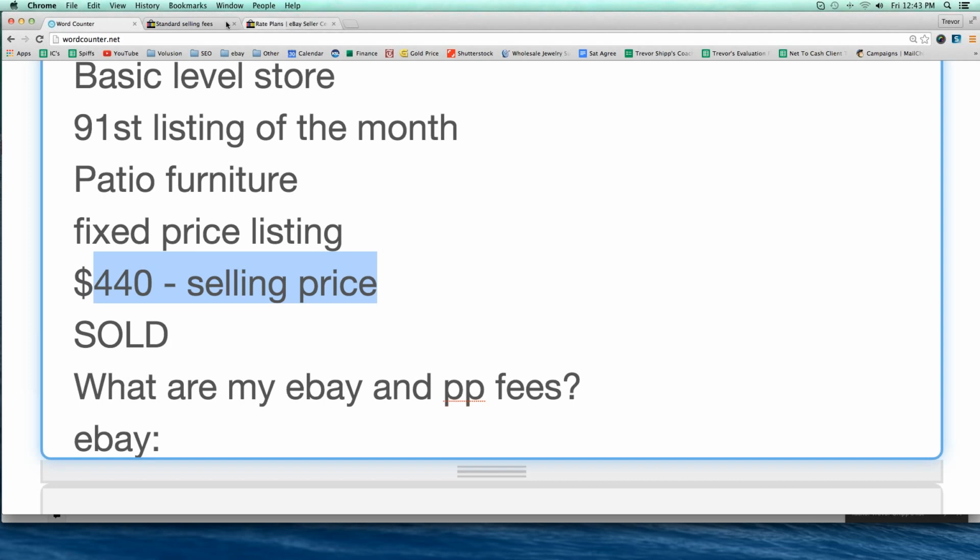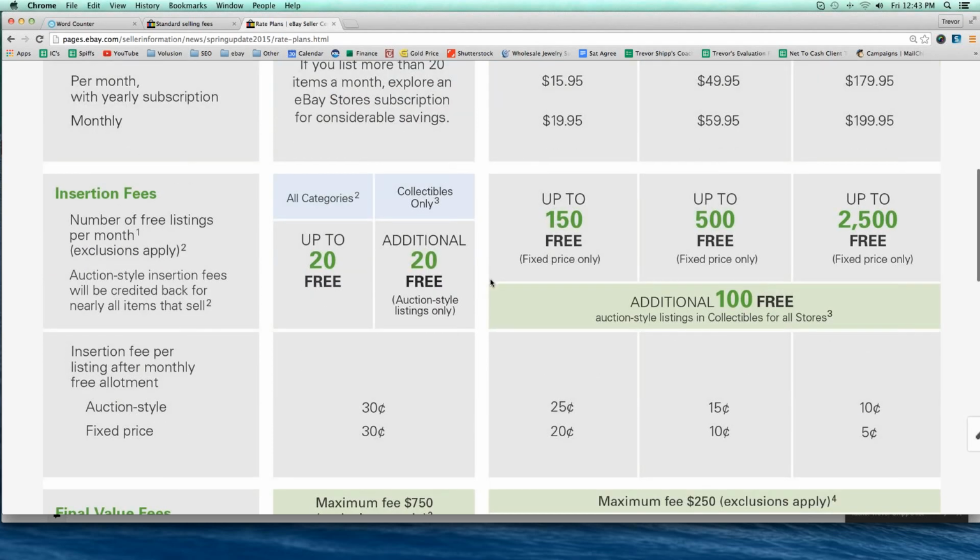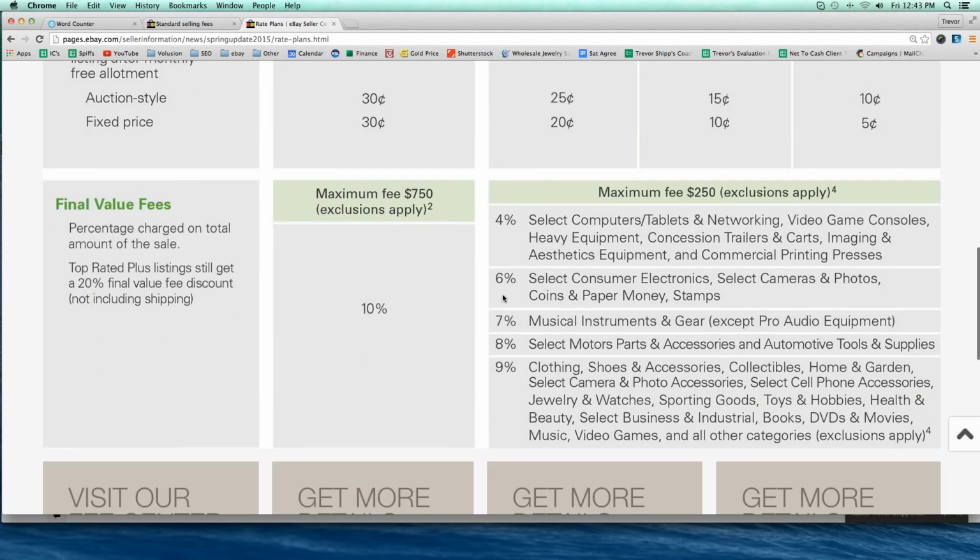And that's usually 10%. But remember, guys, when you have a store, it's less than 10%. As you guys learned about just a few minutes ago, the store gets it to you for a lower final value fee. So as a piece of furniture, it would probably be in this category here, the 9% category, because it's not motor parts, it's not a musical instrument, it's not electronics, and it's not heavy equipment.